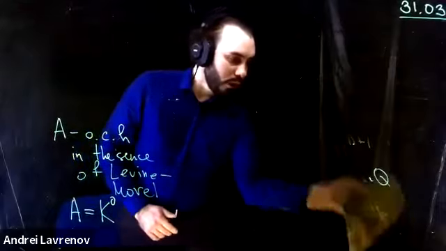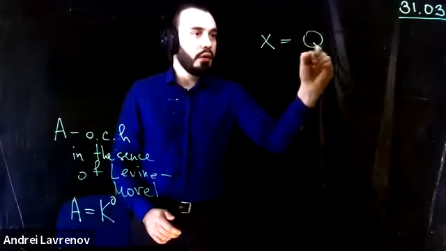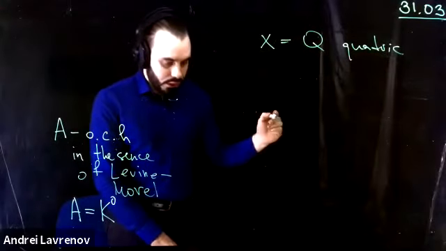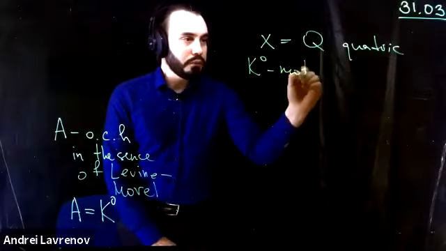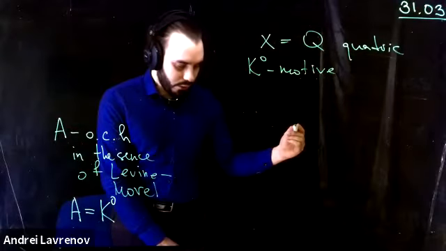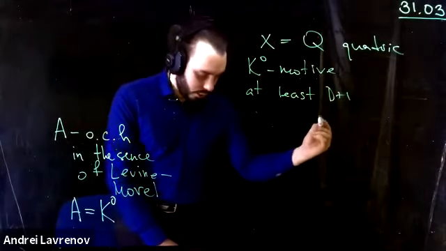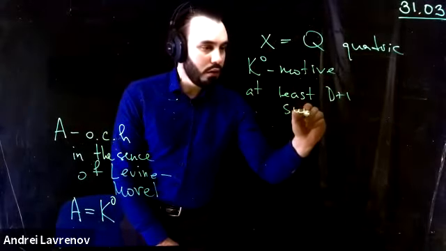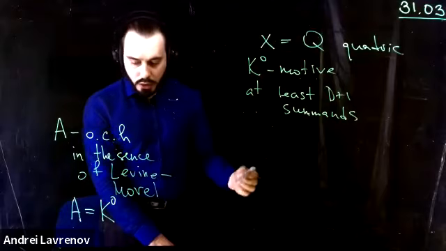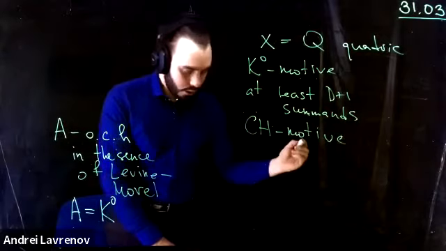For example, for the case of quadrics, he proved that its K0 motif has lots of summands. In fact, it has at least D+1 summands, where D is the dimension of the quadric. However, the Chow motif, generally speaking, can be indecomposable.